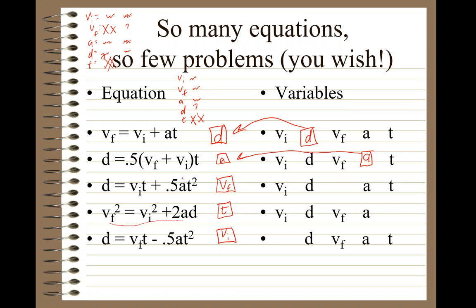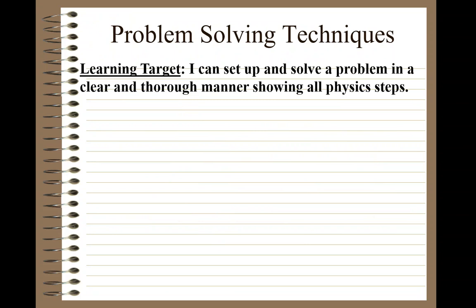Okay, so to solve for the final velocity, I would use the 4th equation. When I was solving for the time, I would have used the one that didn't care about the final velocity. That was the 1/2 AT squared. Okay, good stuff. Physics.